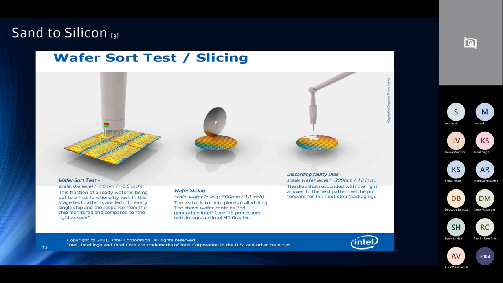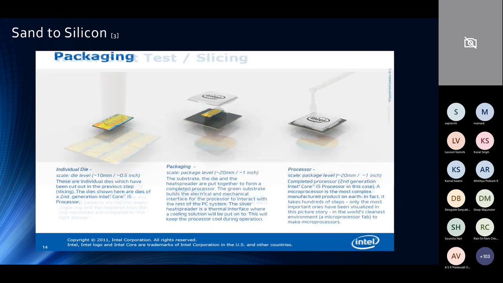After you do that step, you do something called wafer slicing. So you slice that wafer into individual chips, and those are the ones which would be packaged into a single unit of microprocessor or a silicon chip that you have designed. Then there are a bunch of different software robots which will go and pick the correct chip that's still functioning, that passed the wafer sort test, and put it onto a raster.